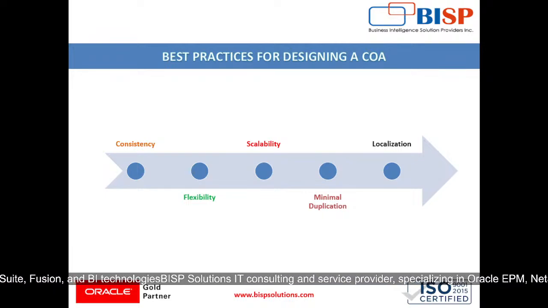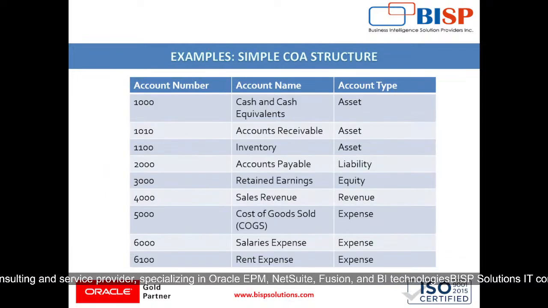Then localization, where we will be incorporating requirements for subsidiaries or international entities. Next is an example of a simple CoA structure we will be making.